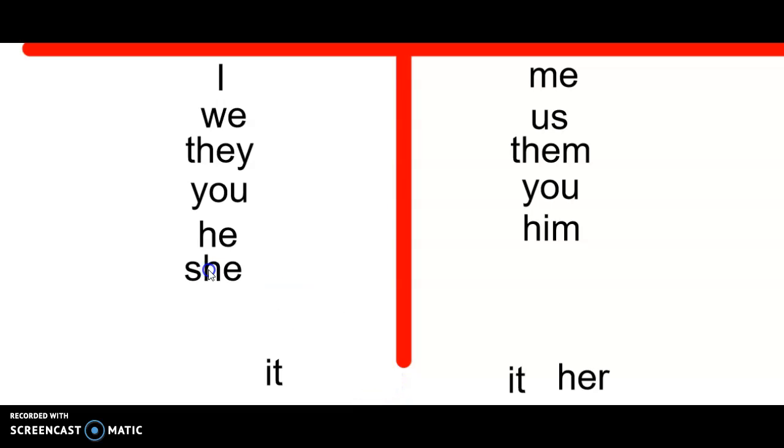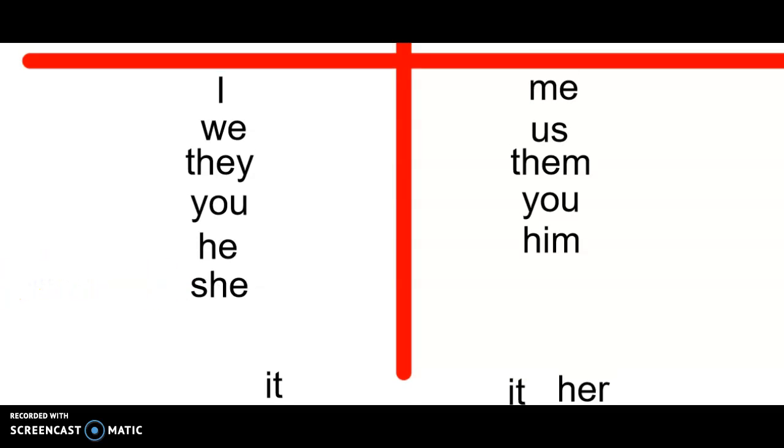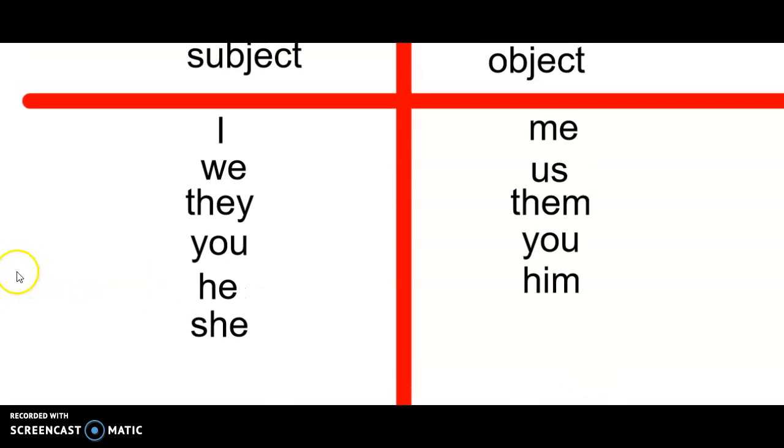Then we have she, which is going to be singular female subject, and we are going to have her, which is singular female object. Okay, and then the last one we have is it, which is both singular subject and object.